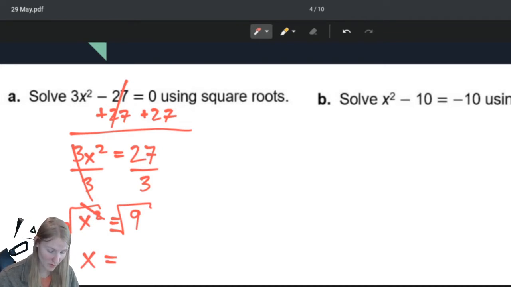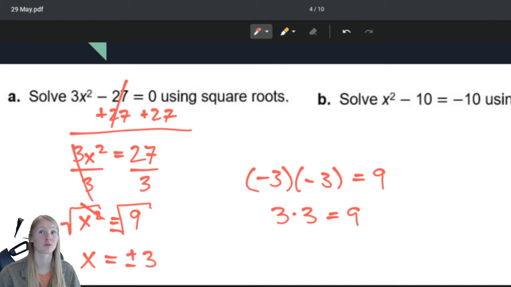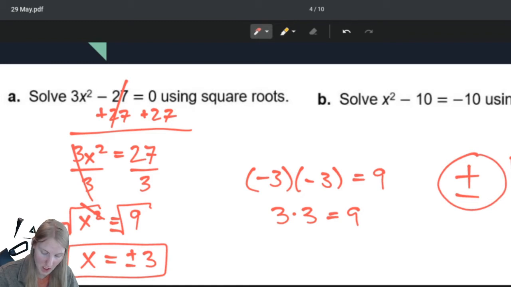When you take the square root of 9, this could be -3 times -3 equals 9, or this could just be 3 times 3 equals 9. So the answer to this is positive or -3. And that's what this means right here. When we do this, what this means is positive or negative.